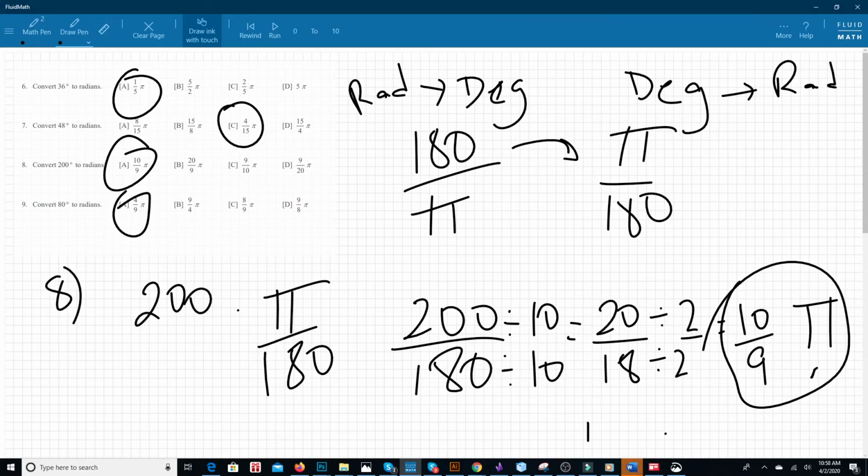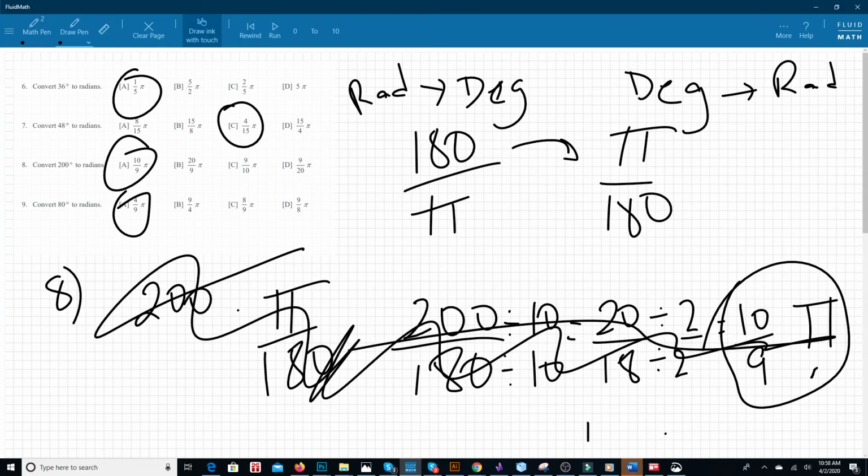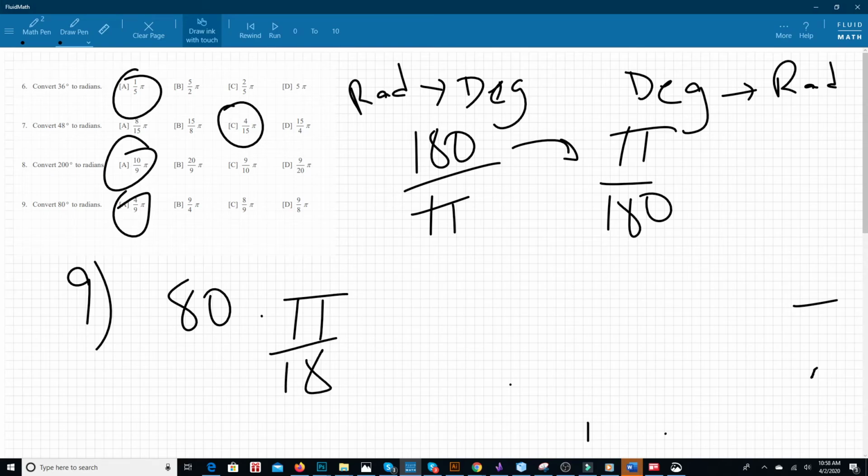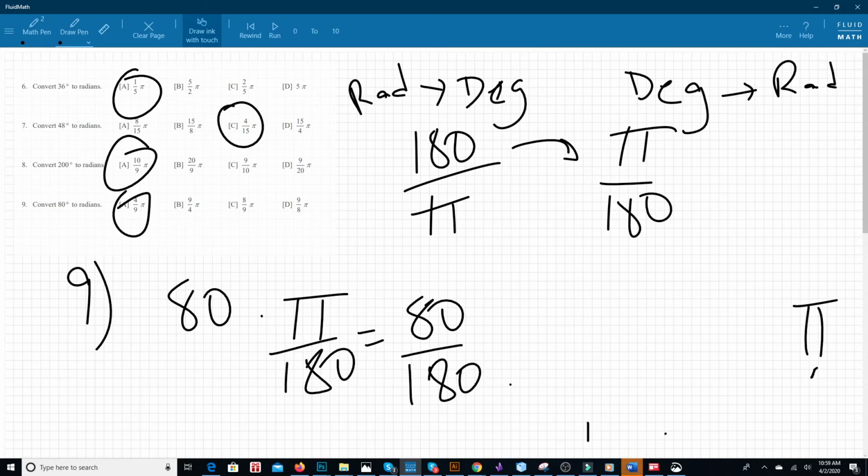If you want me to write it out, I'll write it out again right here. This is 9. For 9, we have 80 degrees, right? Times pi over 180, which essentially becomes 80 over 180. I'm going to leave pi over here. That's for, yes, it's A, right? Cool. Times pi, right?